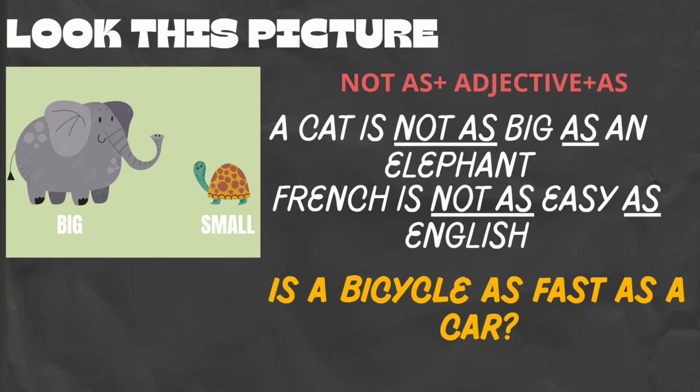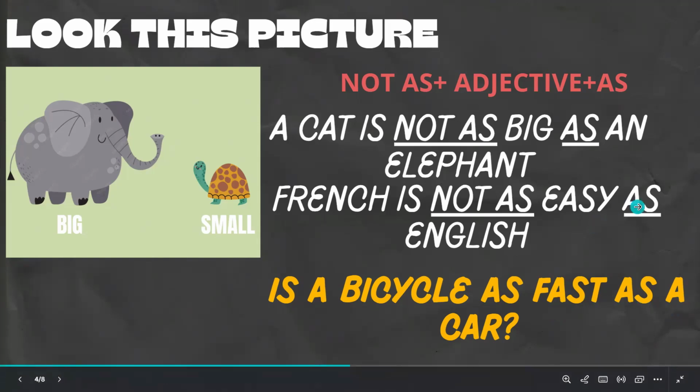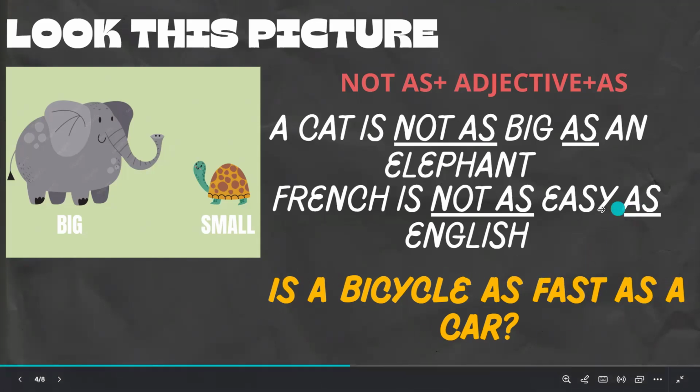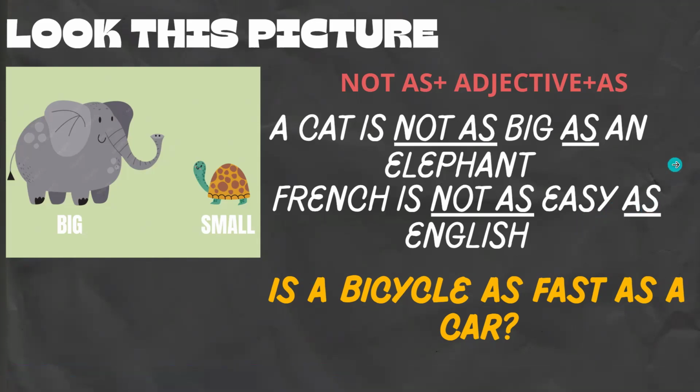A bicycle is not. I think it's necessary, the "is not". Wow, you complete the sentence. You are right, guys. Okay, so we have to pass to the next topic, that is structure.